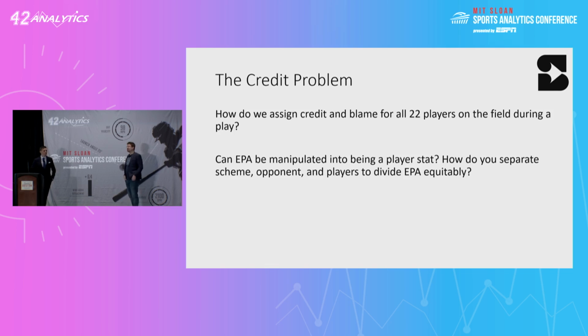But then there's the issue, and this gets to what we're trying to do at SumerSports, of assigning that credit to all of the players. We talked about this actually with John right before the talk: you don't get to just have your team together all the time. You have to make decisions. There are trade-offs.